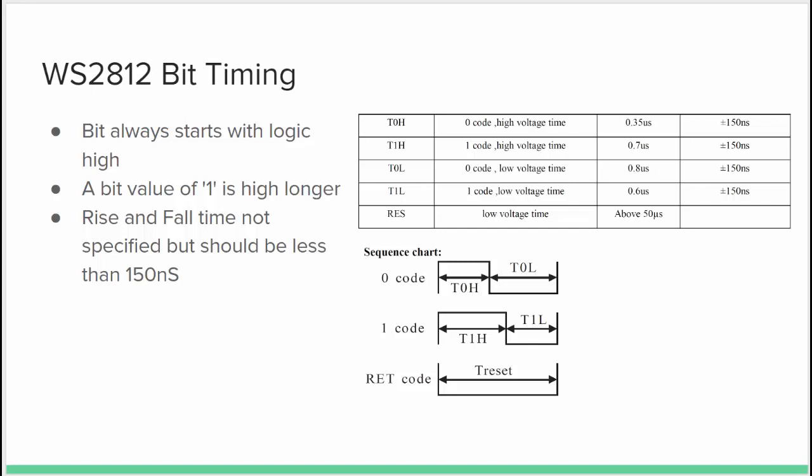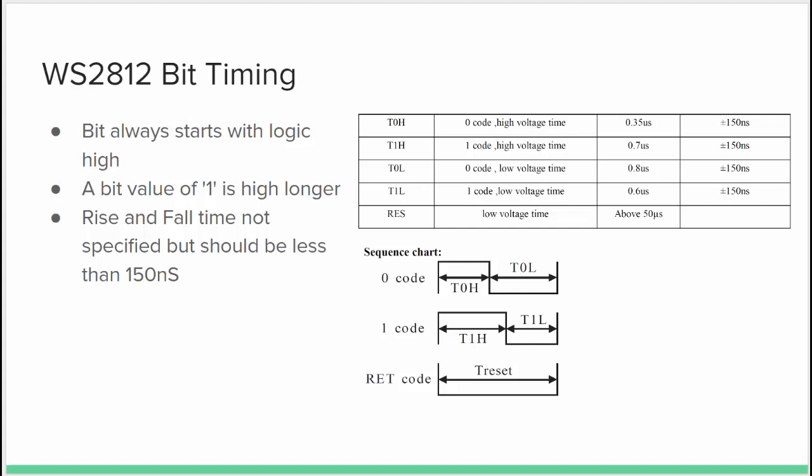If we wanted to represent a logic 1, we'd need to be on for what's called T1H and then off for what's called T1L. If we look at those ratios, this is best seen there in the image, we'll notice that for a 0, the time is shorter for on, and it's longer if we want to make a logic 1.